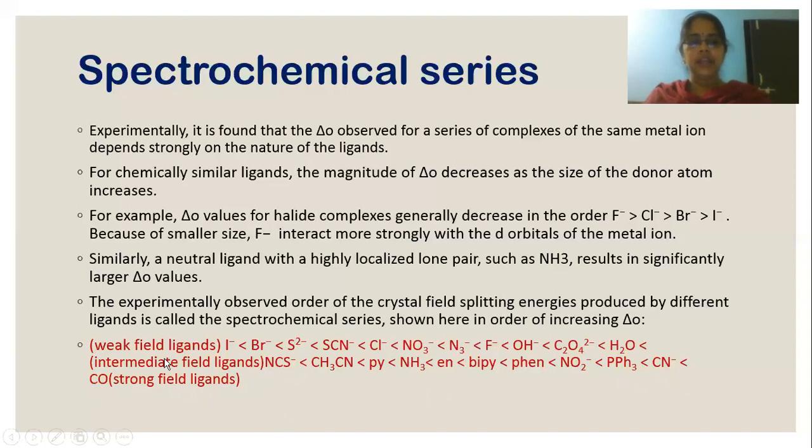Similarly, weak field ligand complexes are strongly paramagnetic because they contain more unpaired electrons, whereas strong field ligand complexes are weakly paramagnetic or diamagnetic in nature. That means they do not exhibit any color, because they contain fewer unpaired electrons. So this is about the spectrochemical series, where the ligands are arranged in order of their increasing crystal field splitting energy values.